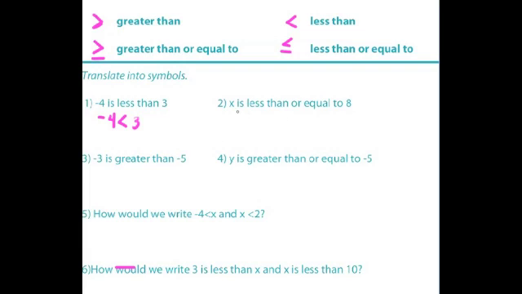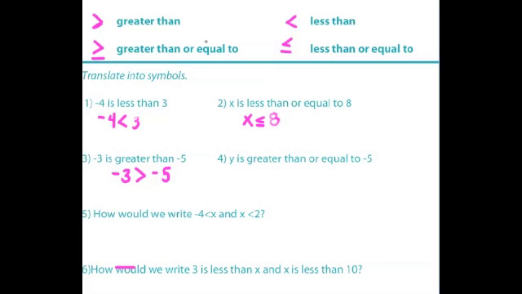Looking at number 2, x is less than or equal to 8, so x is less than or equal to, so that's this symbol right here, and then 8, just like that. Number 3, -3 is greater than -5, so I have -3, greater than is this first symbol, just like that.